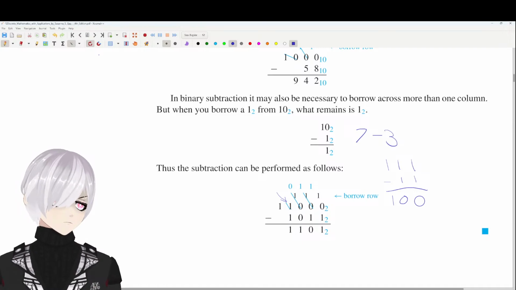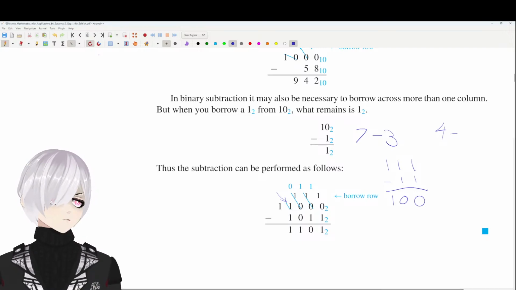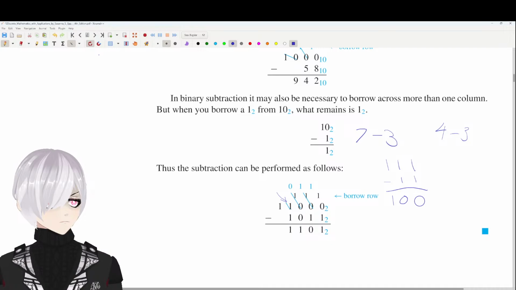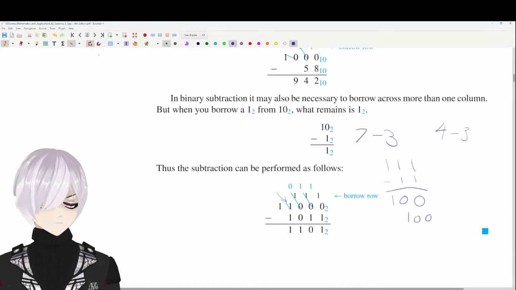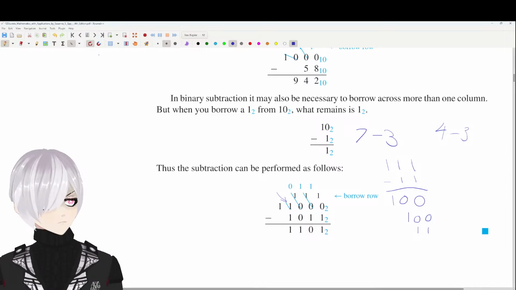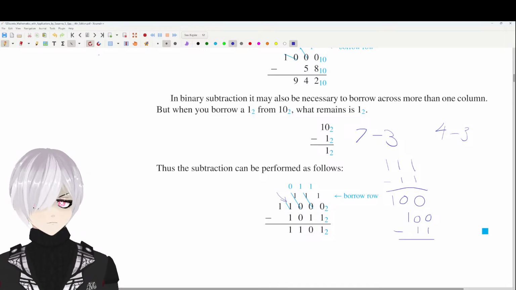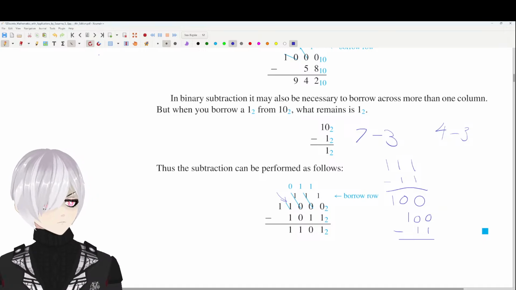What about 4 minus 3 then? So 4 is going to be 1 0 0, because it's 4 plus 0 plus 0. So we're going to have 1 0 0 minus 1 1. Oh yeah, and there we've got to borrow.